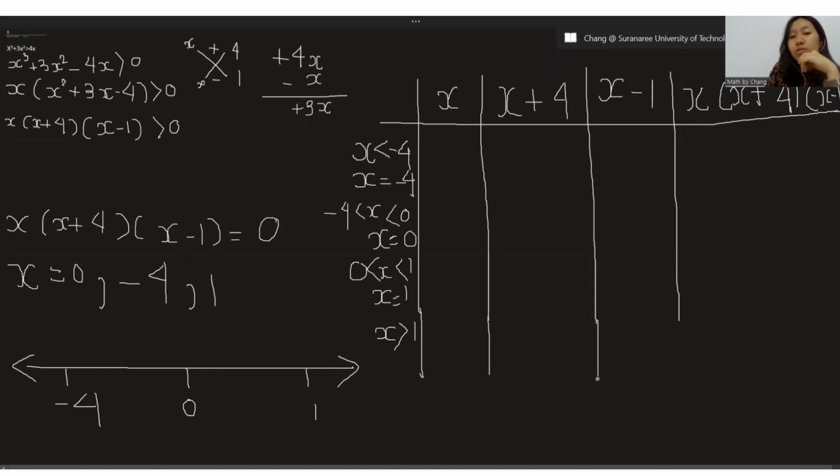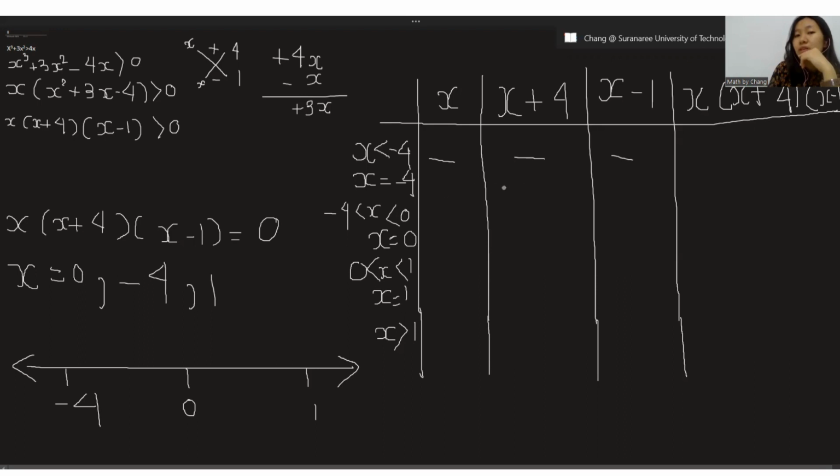All right, so let's consider when x is less than minus 4. Just take a number you like. For me, I will take minus 5. So minus 5 is negative, minus 5 plus 4 you will get minus, and minus 5 minus 1 you will get minus. So let's multiply these three.